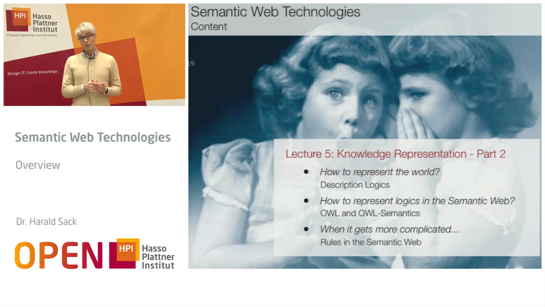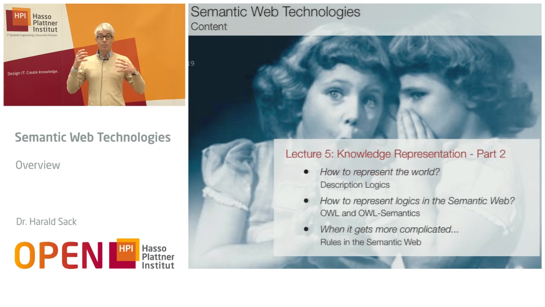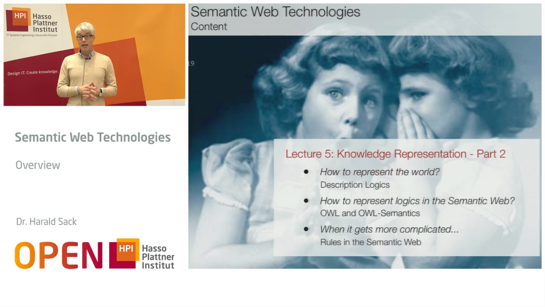Propositional logic and first-order logic have been well known in mathematics for a long time, but we will see that these formal languages are not really well suited to represent the world, because first-order logic is much too complicated and propositional logic is not sufficient. So we need something that is in between. And in the 1990s, the artificial intelligence world came up with something called description logics.